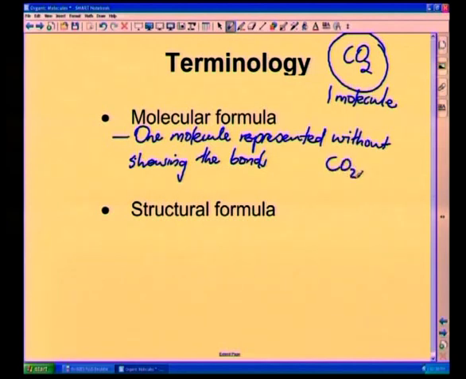We are not shown how C and O are bonding, whether there is one bond there, or we've got a double bond here, a double bond there. We are not shown. So we don't show how the C is bonded to O. It is just telling us, for a molecule, how many atoms of each component there are.